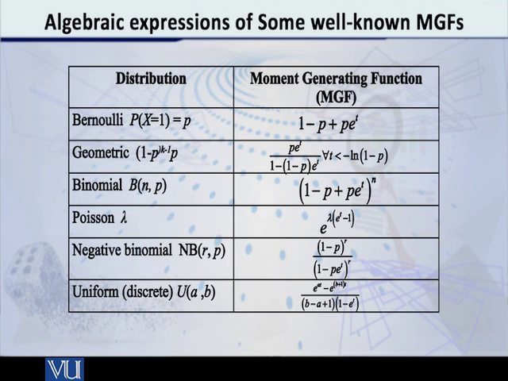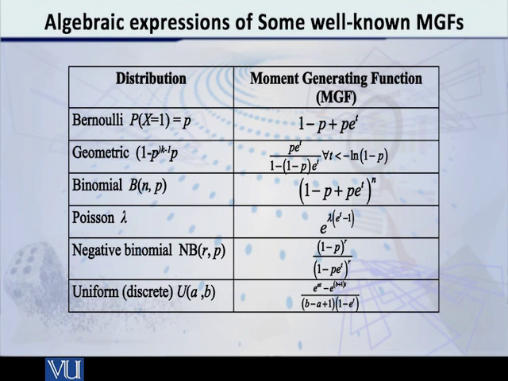Let me say it again. E raised to lambda into e raised to t minus 1. आप जानते हैं कि पॉइसन डिस्ट्रीब्यूशन का एक ही पैरामीटर होता है, लैम्डा, तो वही है उसके अंदर, और t वो तो इसलिए है कि we are talking about the MGF जिसकी बेसिक डेफिनेशन ही वो है कि जिसके अंदर t इन्वॉल्व होता है, the expected value of e raised to tx.